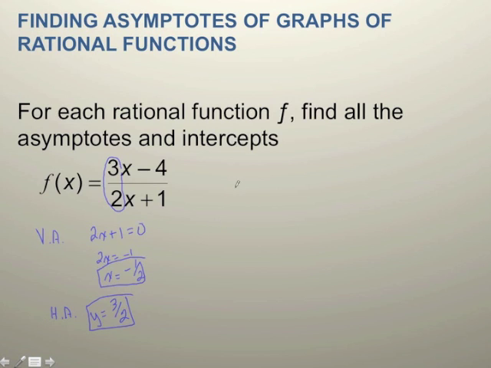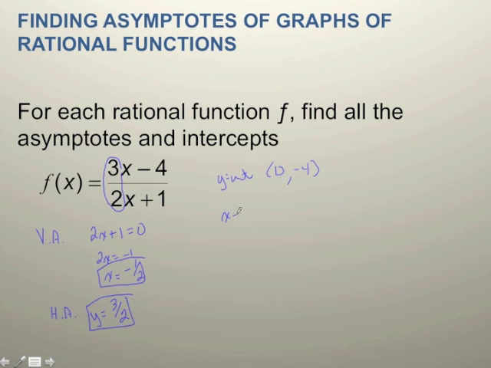Now we need to find the y-intercept. So x is 0. We're looking for the y value here. Well, when I fill in 0, I'll end up with negative 4 over 1. So the y-intercept is at (0, negative 4).